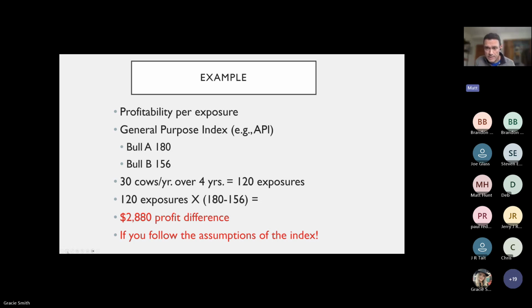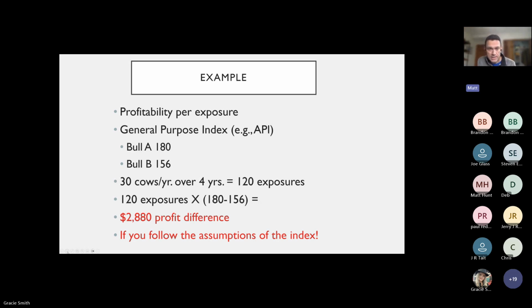Just a quick example of how indexes actually work. I have Bull A and Bull B here, and I have their index values of 180 and 156. If I make the assumption that I will breed these two bulls to 30 cows a year for 4 years, so that's 120 exposures in their lifetime, I can multiply the number of exposures by the difference in their index value and come up with an estimate of how much more profit Bull A will return to me compared to Bull B. In my example, that's about $2,900, right?